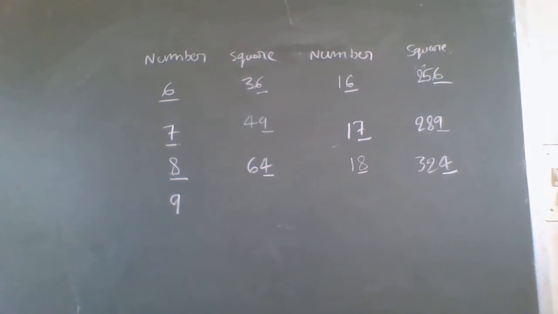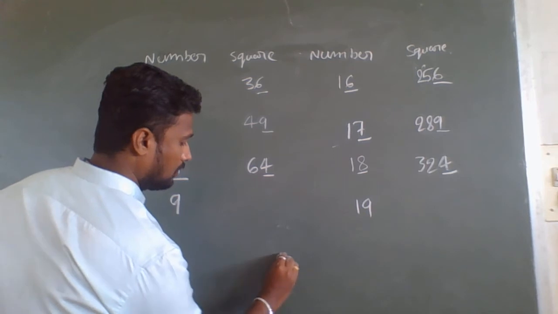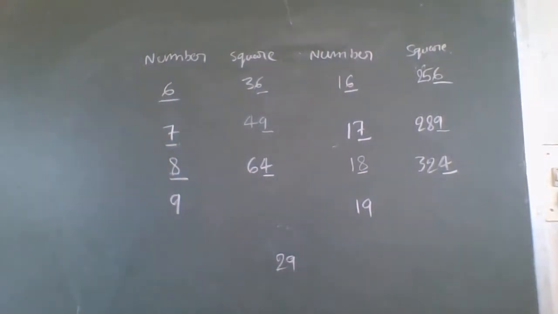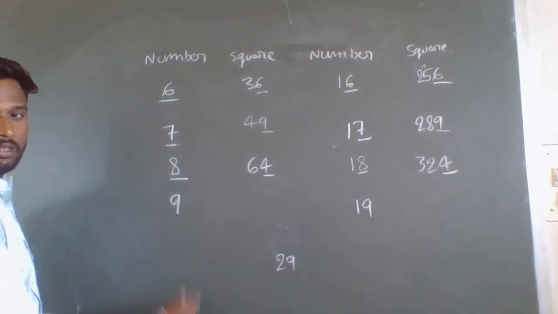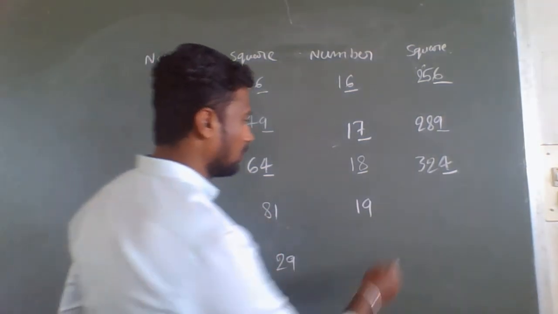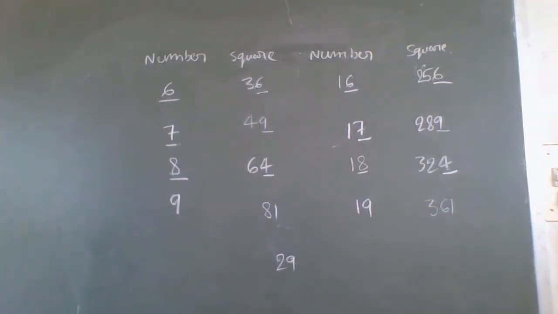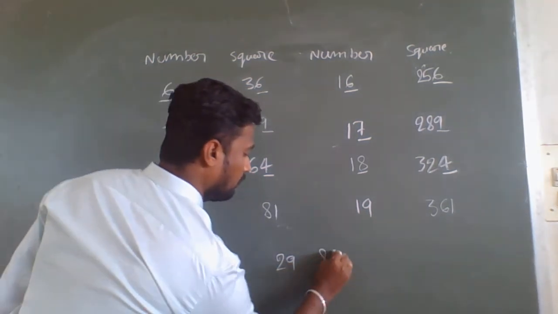So now 9 and 19 and 29. 9 square, what will you get? 9 into 9 means 81, and 19 into 19 means 361, and 29 into 29, 29 square, means 841.